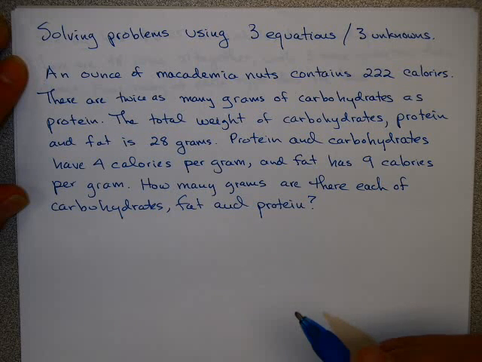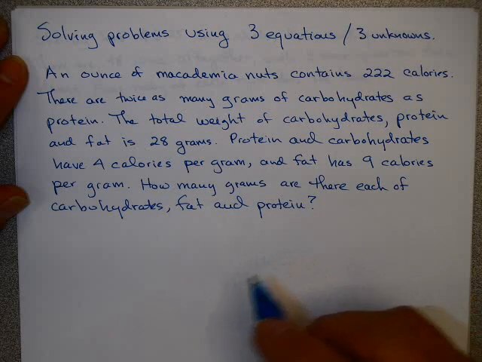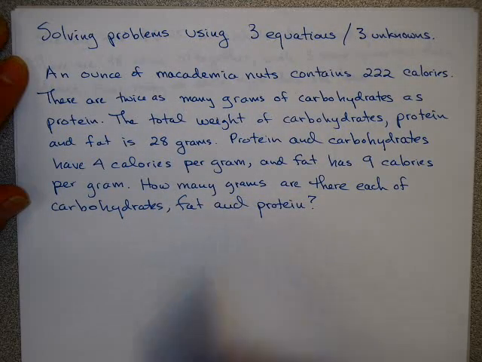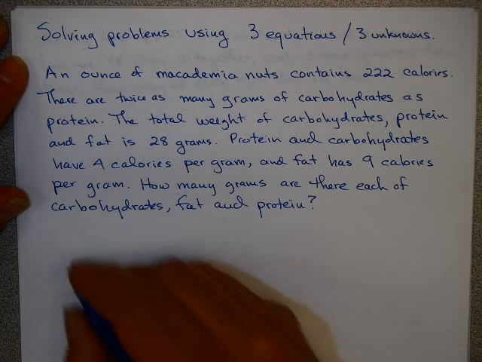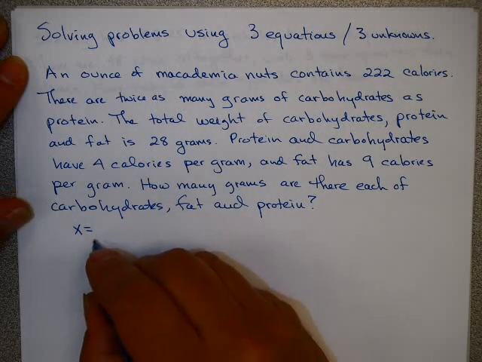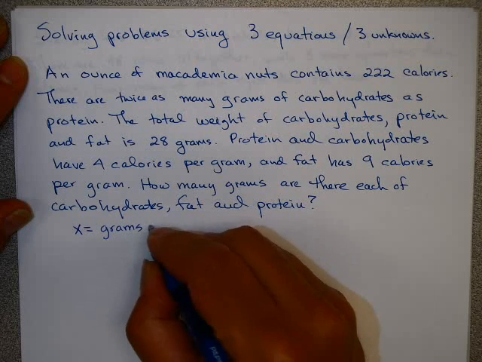So when solving an application problem, the first question you should ask is, what is it that I want to know? In this problem, I want to know how many grams of carbohydrates, fat, and protein I have in my ounce of macadamia nuts, given all these conditions. So I need some variables. I'm going to let the variable x equal the grams of carbohydrates.